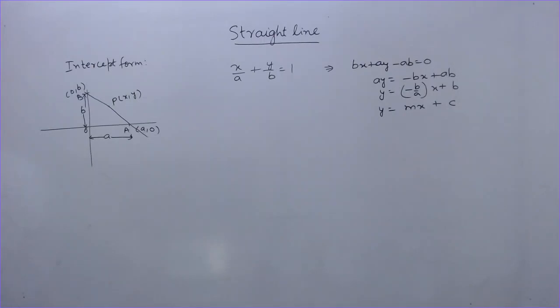So you should go through this very carefully. Now the intercepts can be positive or negative. These are positive intercepts, meaning the intercepts which have been taken on the positive side of the axis are called positive intercepts, and on the negative side of the axis are called negative intercepts.